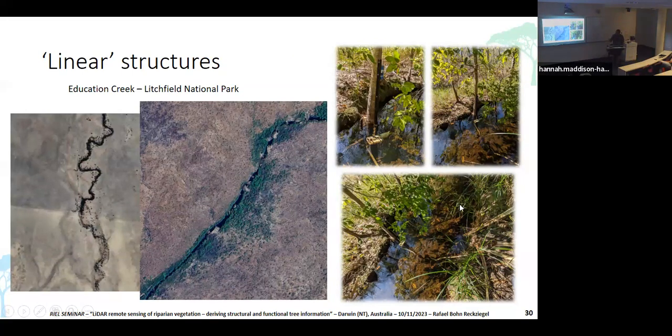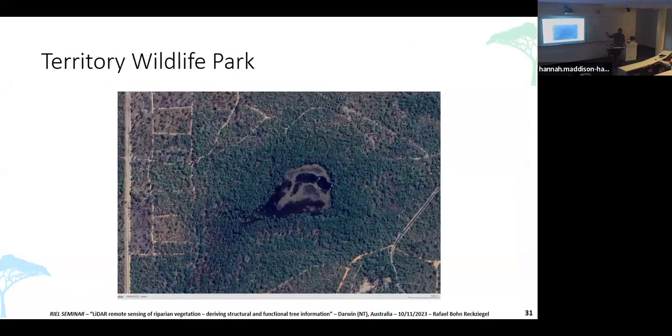The water body has a few trees around, but they are always green, though the vegetation is all dry. That's the Territory Wildlife Park. There are some plots experimenting with different fire regimes, but you also see a great part dependent on groundwater, keeping themselves green, and that's mainly the paper bark.